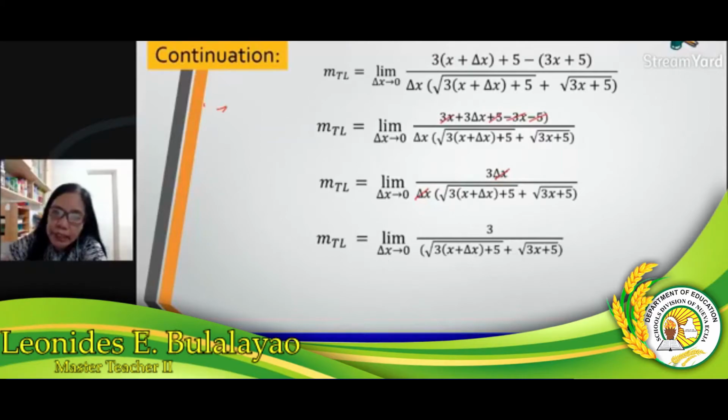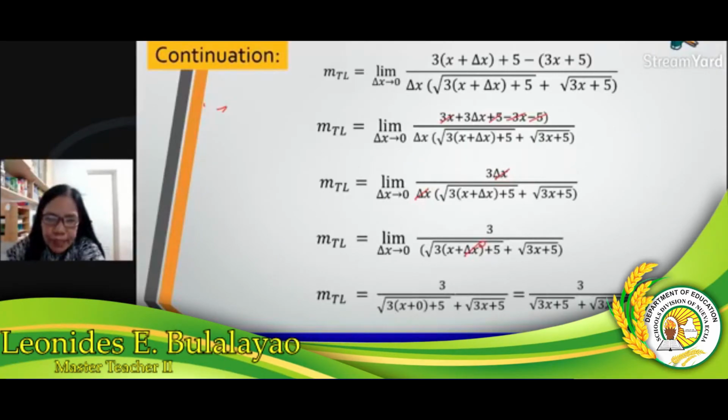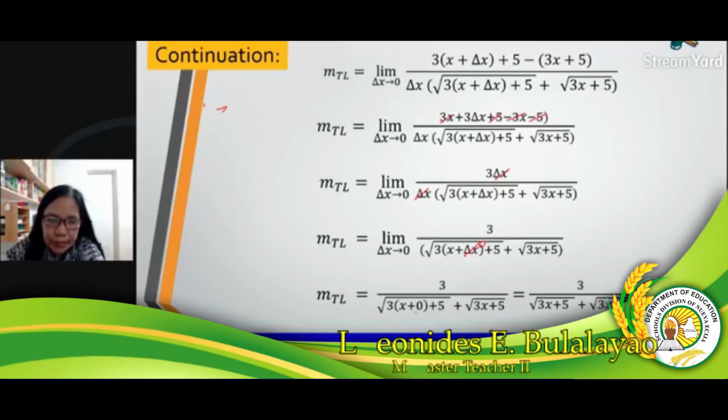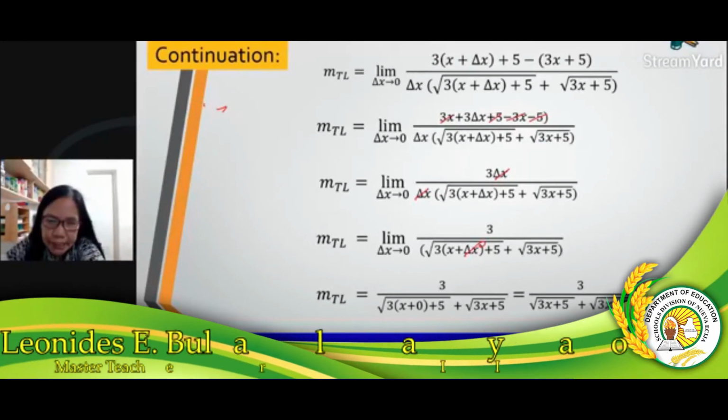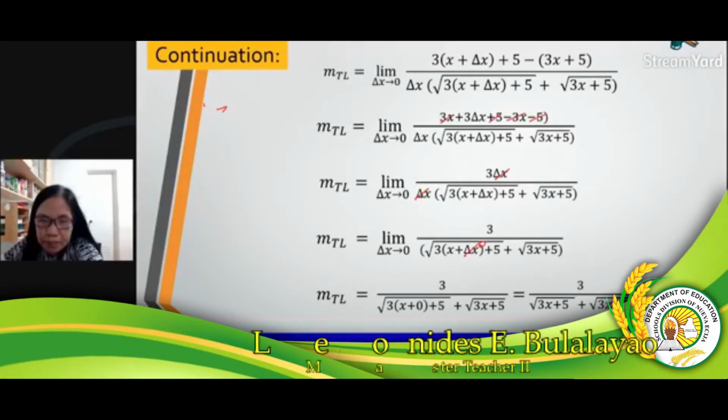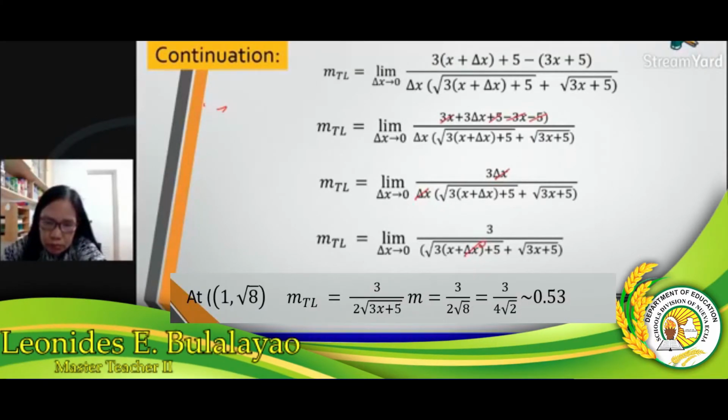And we will get the limit as delta x approaches 0. So this delta x is 0. So we have 3 over the square root of 3 times x plus 0, which is x, plus 5, and then plus the square root of 3x plus 5. As you can see, we have 3 all over 2 times the square root of 3x plus 5.